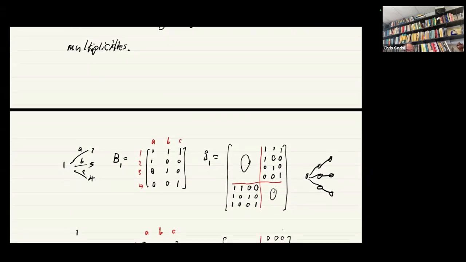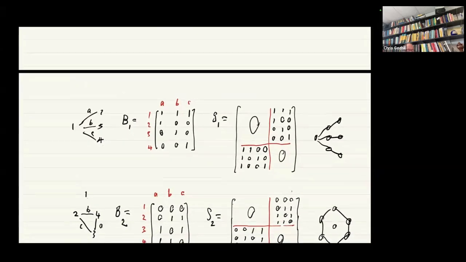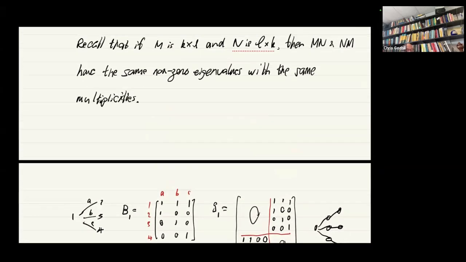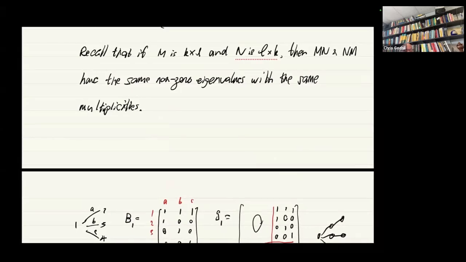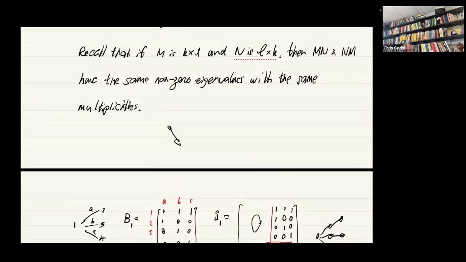So I want to pick a particular pair of examples. Well, I can draw it here. The examples I want to consider are these two graphs. Now, the special property of these two graphs is that they have the same line graph.